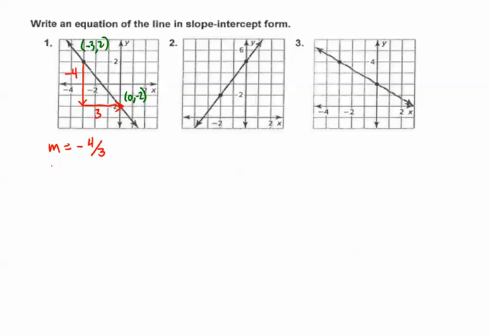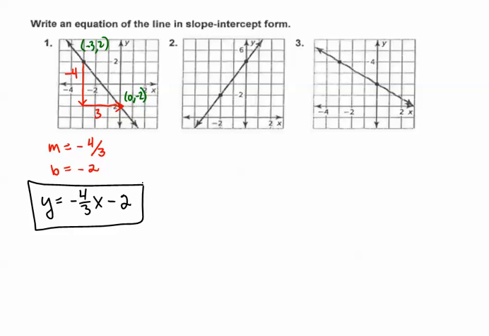And we know that our y-intercept, which is b, is equal to -2. So all we have to do here is y equals -4/3x, don't forget the x, minus 2, and that is our equation in slope-intercept form.